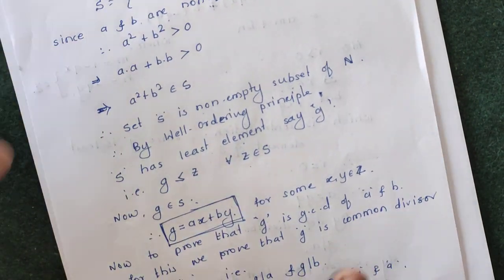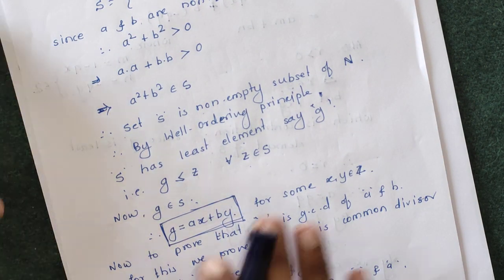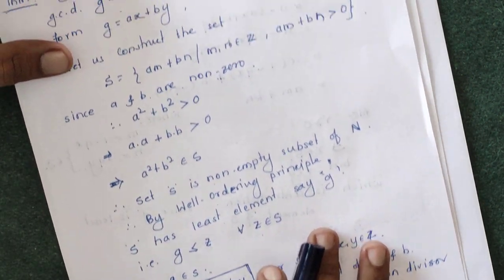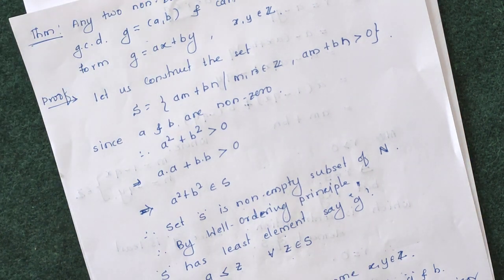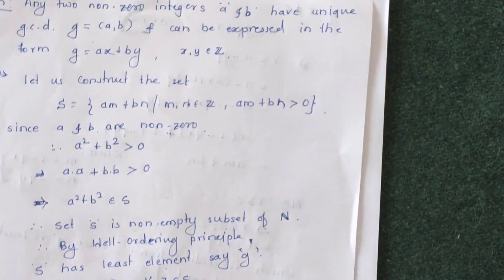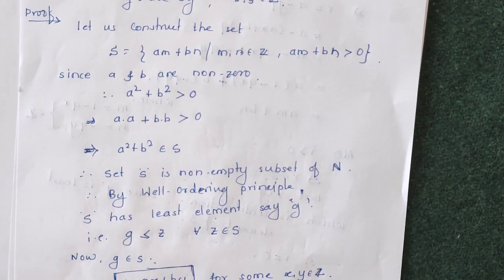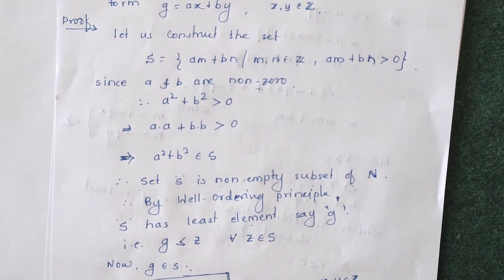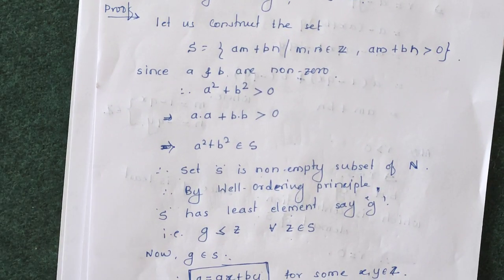Just overlook this theorem again. Our statement of the theorem is: any two non-zero integers a and b have a unique GCD g, and that GCD can be expressed as a linear combination of a and b, that is, if g is the GCD of a and b, then g is equal to ax plus by for x and y integers.